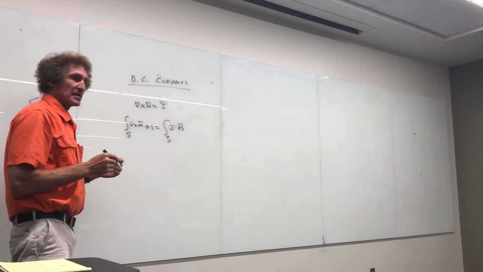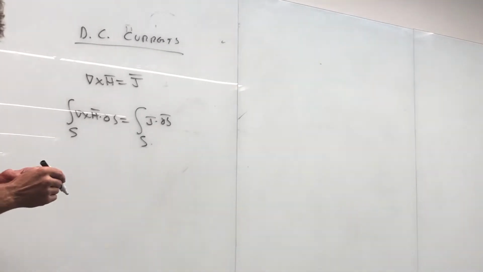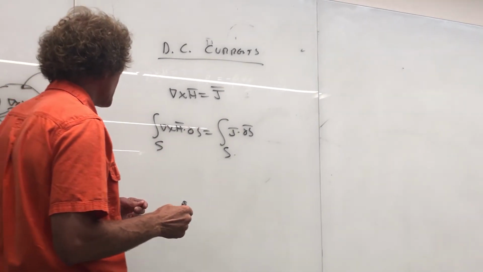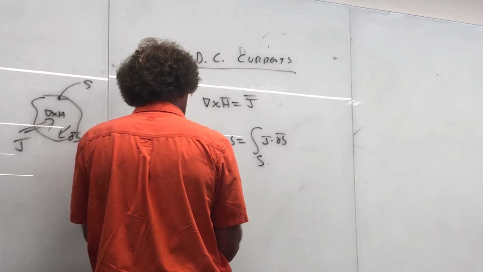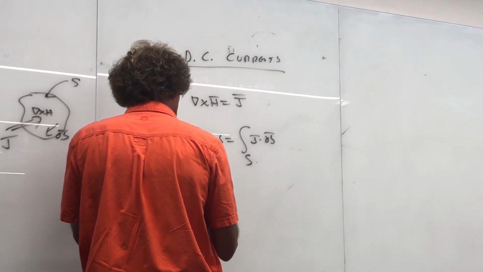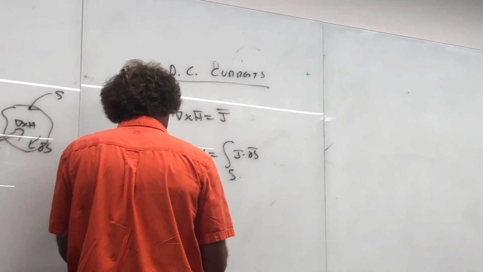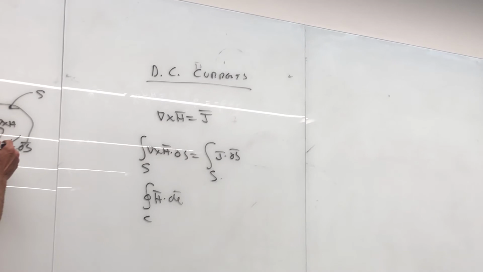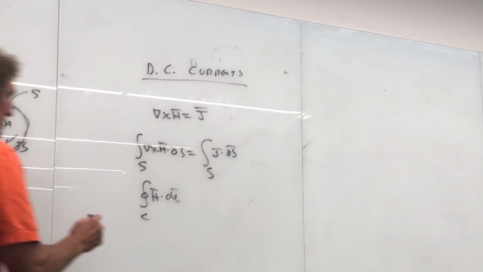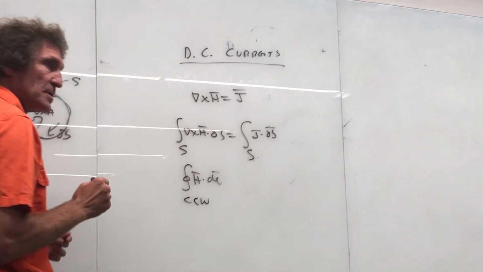I don't think you had this. Maybe you did in mathematics. Do you know what Stokes' theorem is? Anybody? Well, Stokes' theorem, these are mathematical proofs, says that the integral of curl of H dot dS is the exact same thing as the integral of H dot dl around the contour of this surface in the counterclockwise direction. So always put counterclockwise here too, CCW.